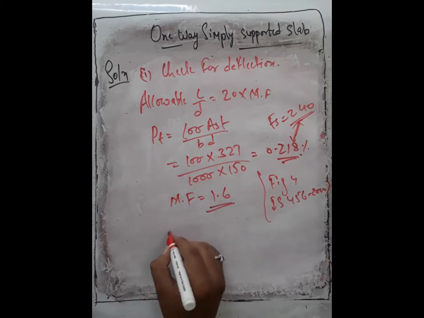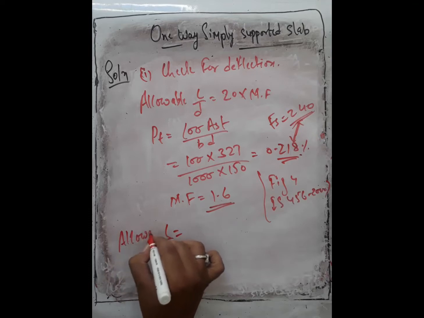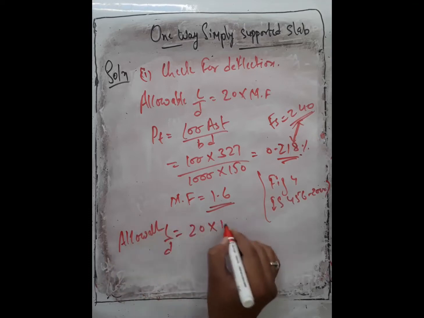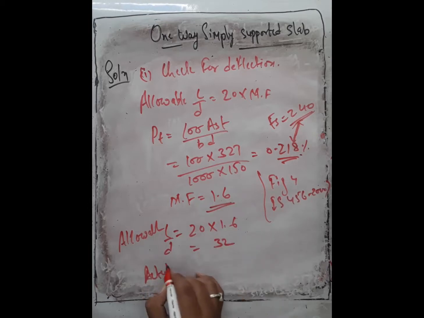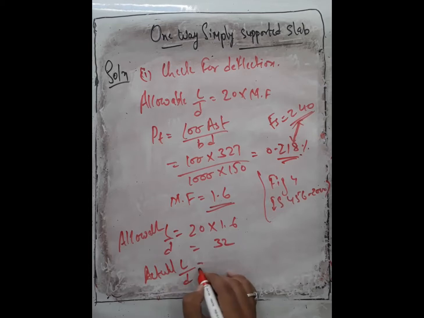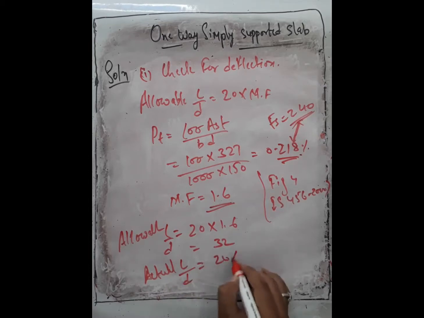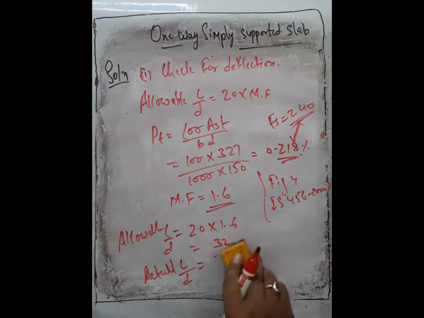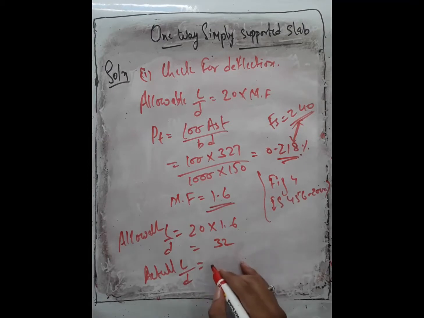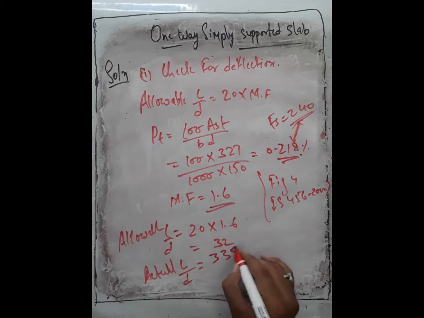So let's put it in the formula. Allowable L by D is 20 into 1.6, so here we get 32. Now the actual L by D: L here is 3350, divided by small d, which is 150.